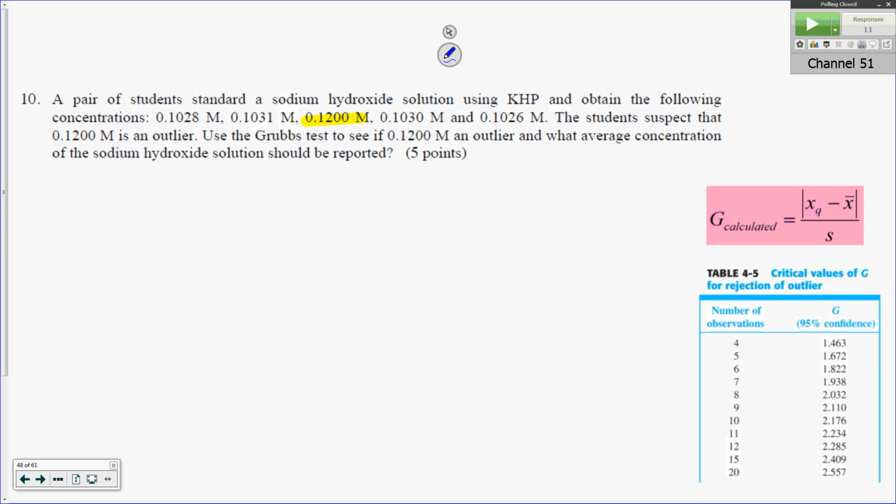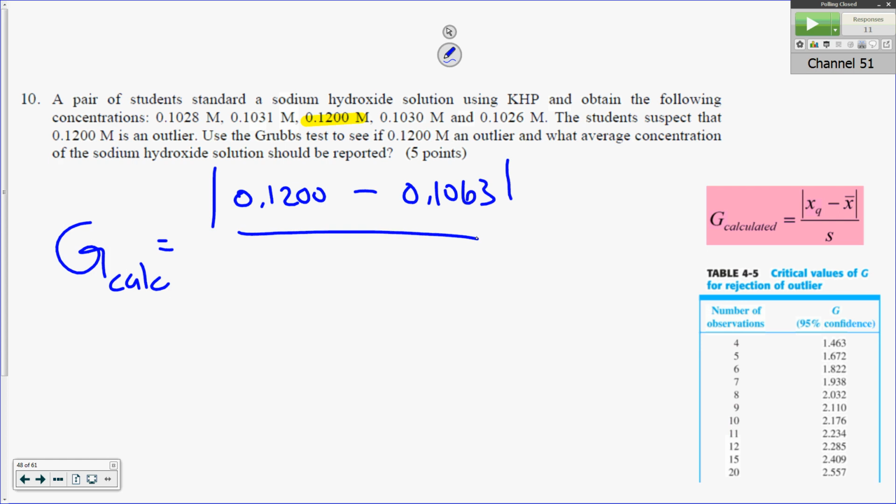Okay, so we got 5 samples in there. So G calculated is the absolute value of my questionable point, 0.120, less my X average, 0.1063, divided by standard deviation, 0.0076 with an insignificant 6.